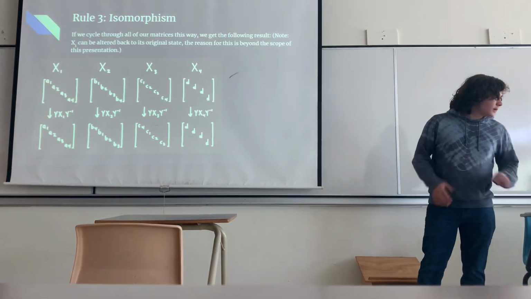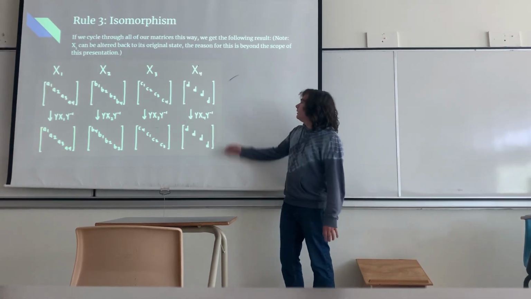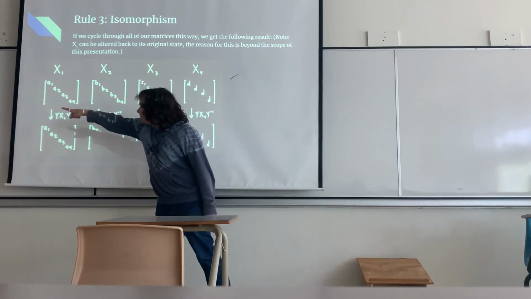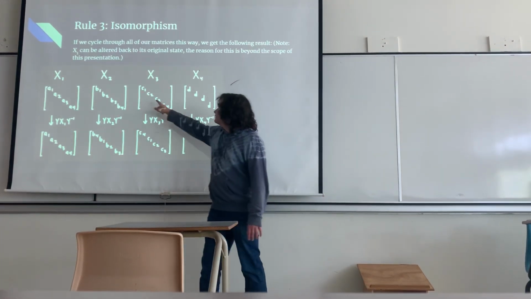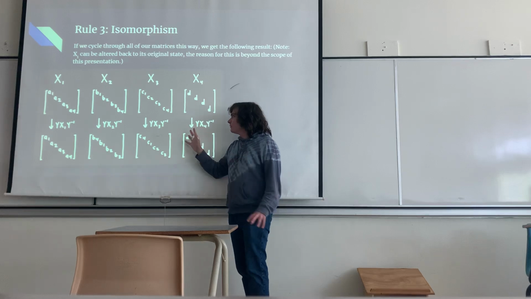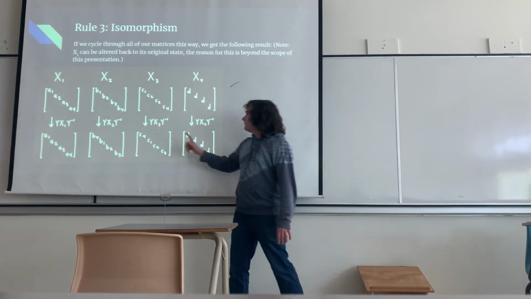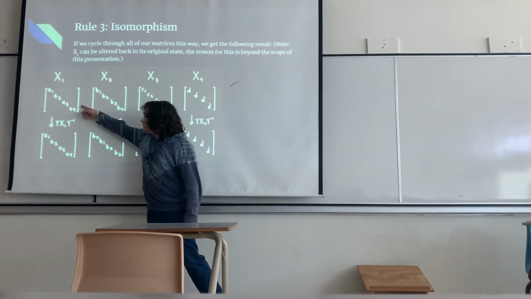Okay. So if we take our whole representation and cycle them down this way, I'm just using these letters as placeholders. That's what the matrices actually look like, but that's a lot of stuff, right? So I'm just using these letters as a simpler version to look at. If we cycle all the entries down, we're going to get this, and I want to note that this one is actually the same as up here.